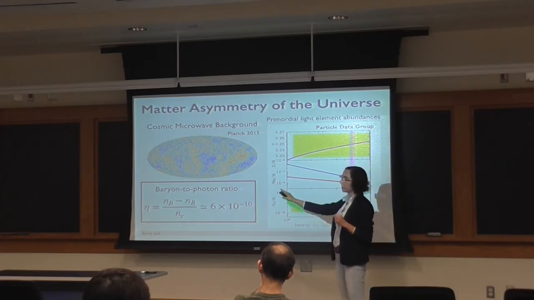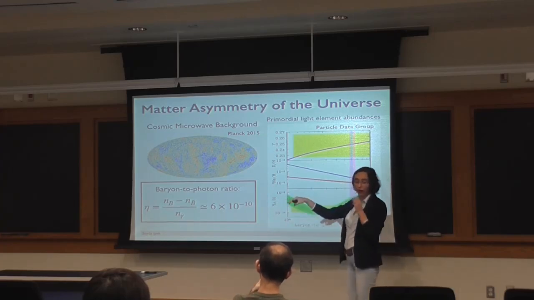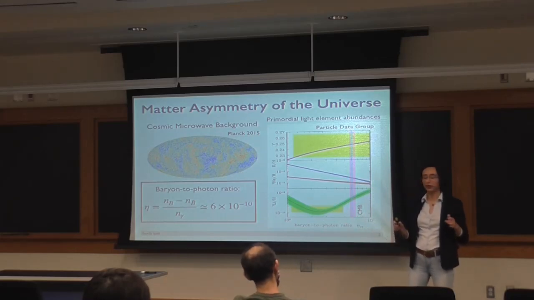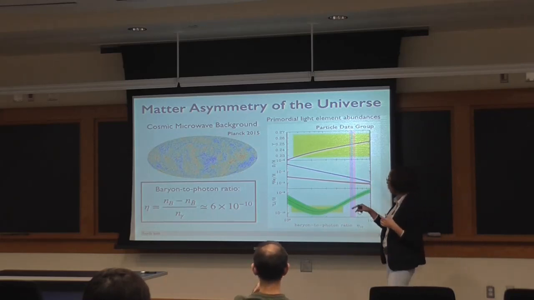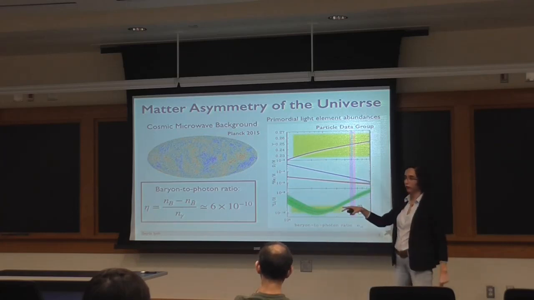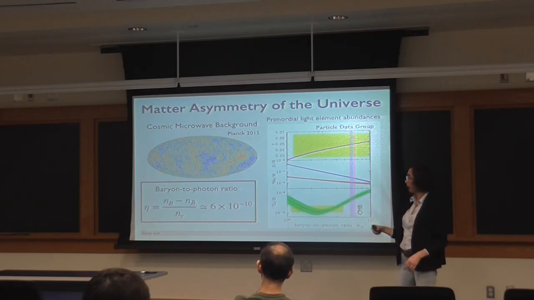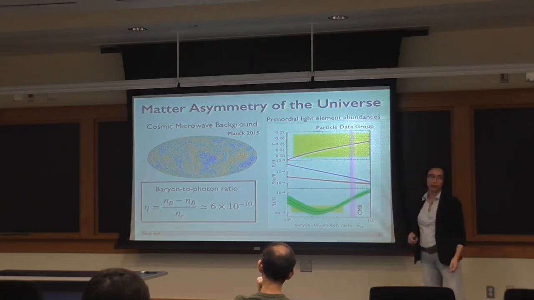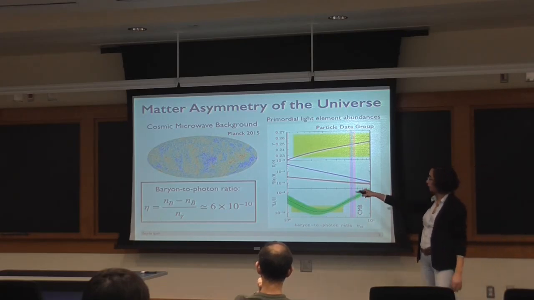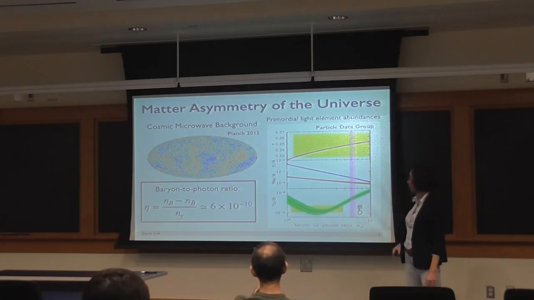It is the difference between the number density of baryons, and when I say baryon, you can just think about protons or neutrons, minus the number density of antibaryons, divided by the number density of photons. Sometimes it's given by dividing by the entropy density, but let's look at the baryon to photon ratio.